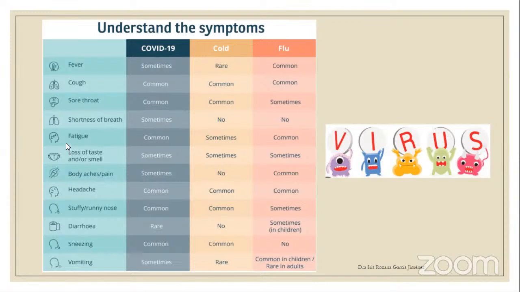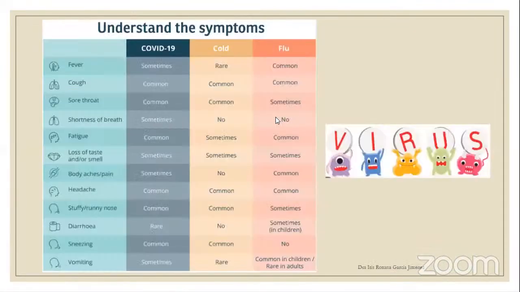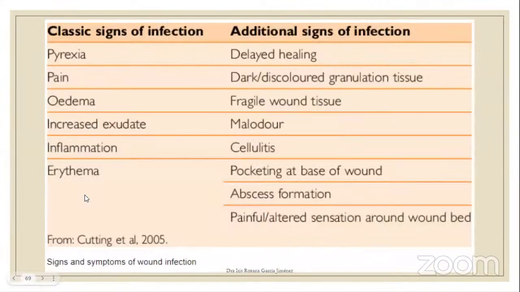Another example, fatigue: in COVID it is common, in cold sometimes, in flu common again. So practice on this, read, because all of these situations are going to be in daily practice. It's an extra chart just for practicing.